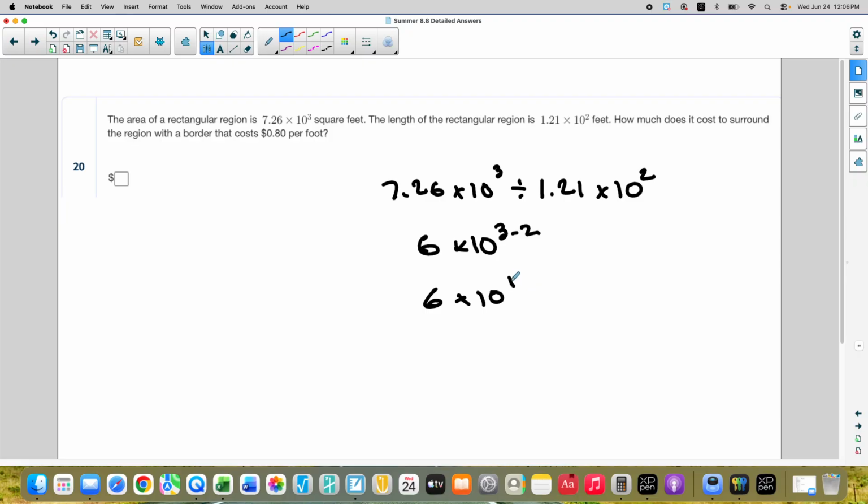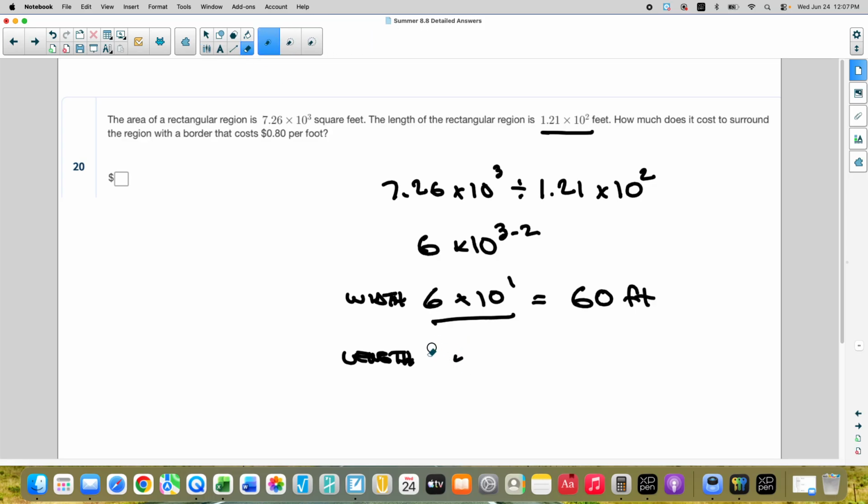Okay, so now we have our length and our width, and we need to find the perimeter. The width is 60 feet, and the length was, no, that's the area.